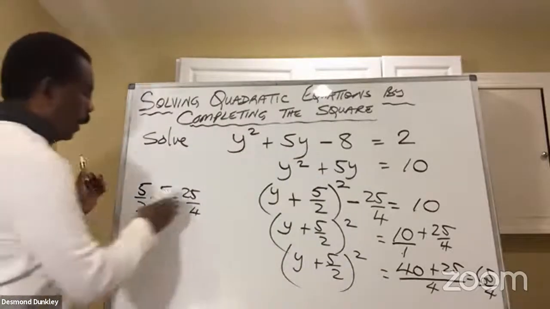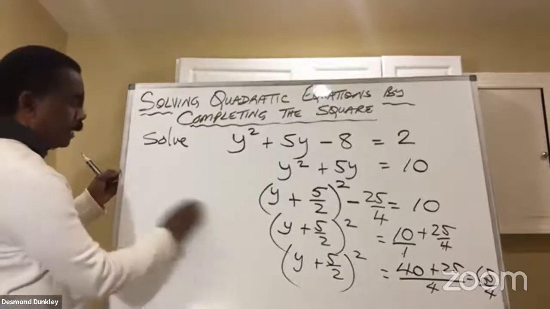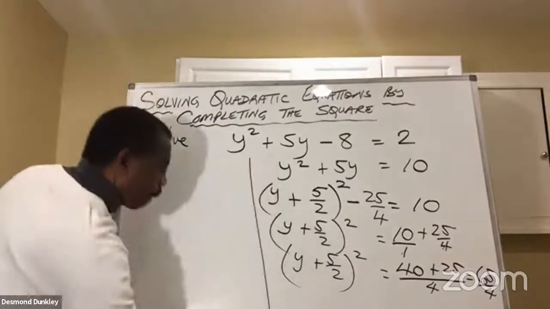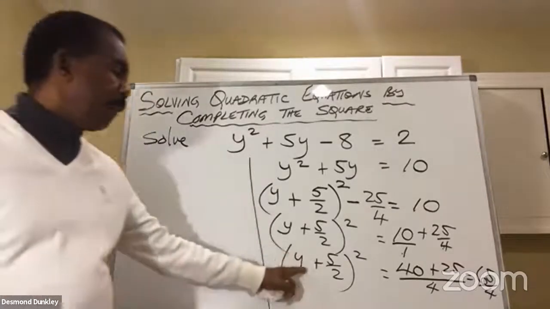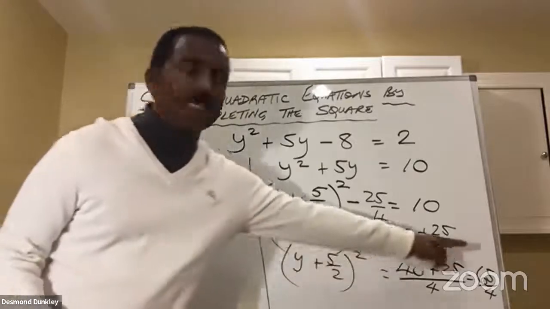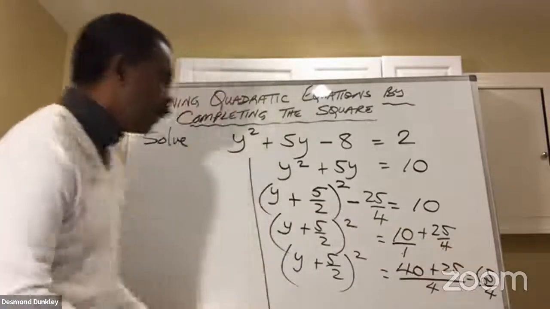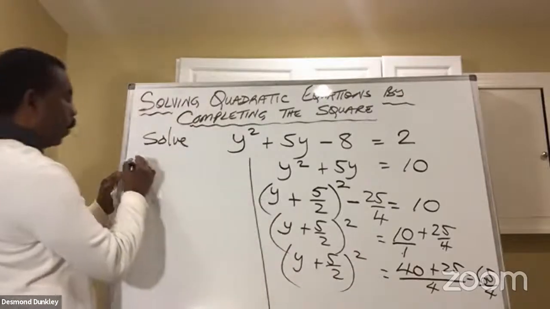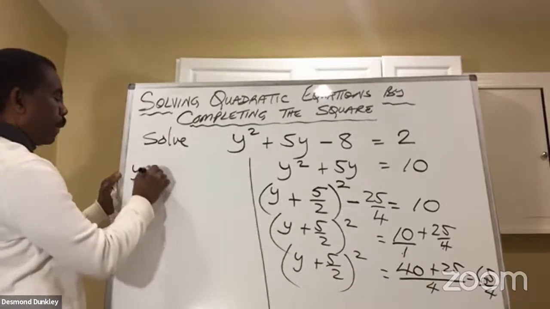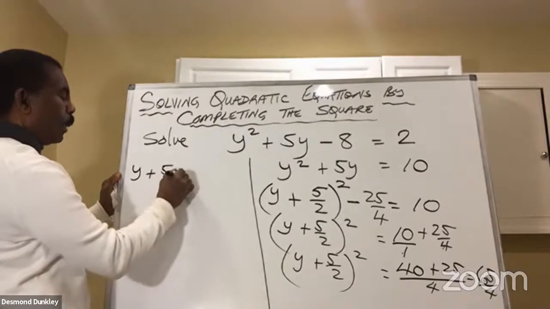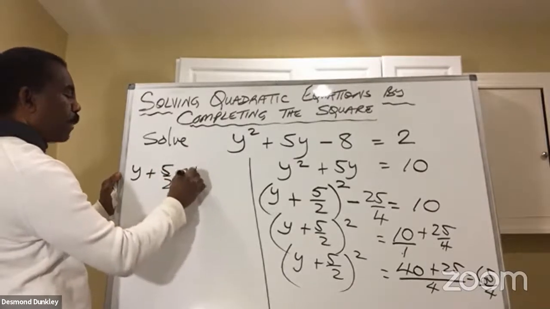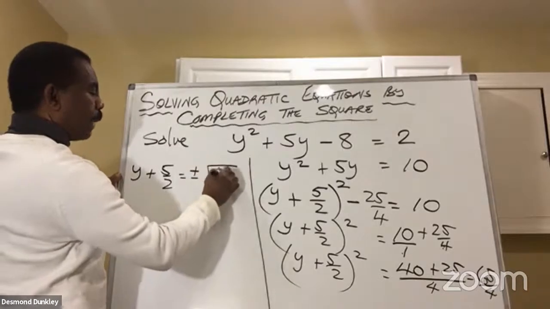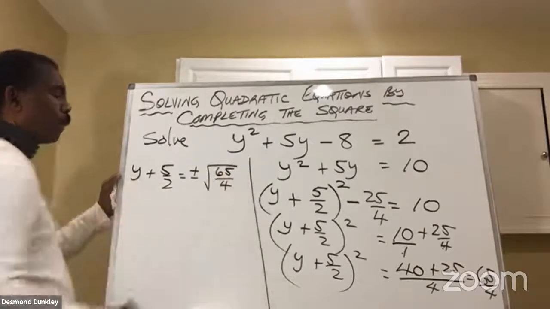Okay? So here we can take it over to this side to finish. So y plus 5 over 2 squared is equal to 65 over 4. So let's bring it up here. Let's get rid of the square. So now we end up with y plus 5 over 2 equal to plus or minus the square root of 65 over 4.